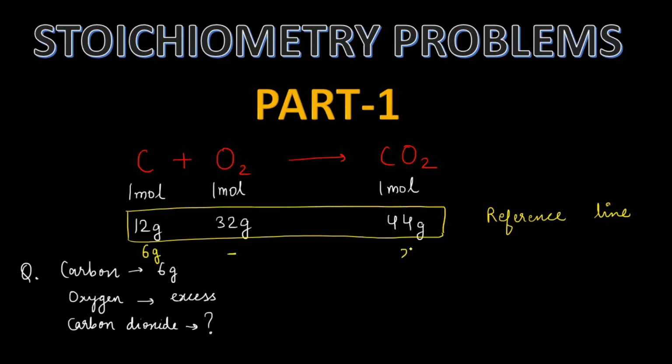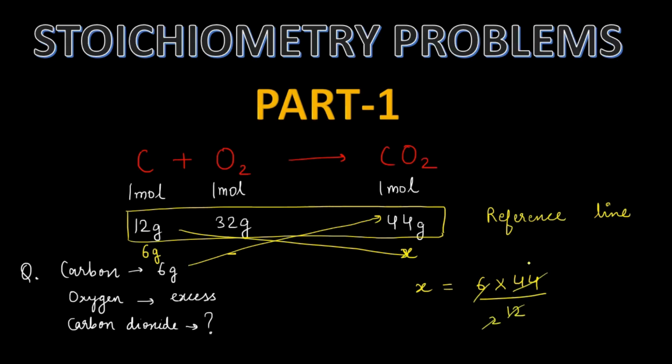And we have to find the mass of carbon dioxide which is produced. Using the unitary method, we will find x. So x is equal to 6 into 44 divided by 12. This gives you 22 grams. So if 6 grams of carbon is present, then 22 grams of carbon dioxide is formed when oxygen is taken in excess.